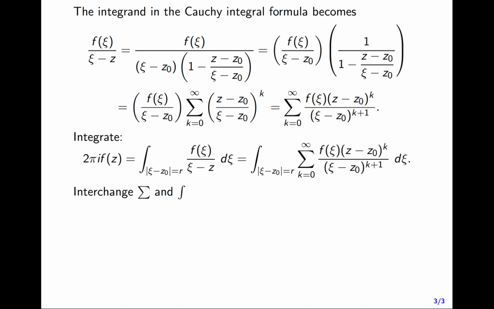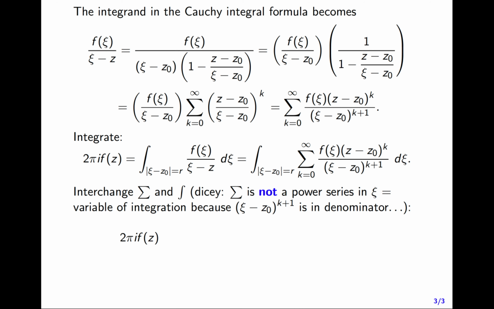Now I'm going to do something a little dicey. I'm going to interchange the sum and the integral. We know a couple of things about interchanging sums and integrals. If this were a finite sum from k equals 0 to 5 or 20 or 50, I could interchange the sum and the integral. If this were a sum over a power series in c, I could interchange the sum and the integral.